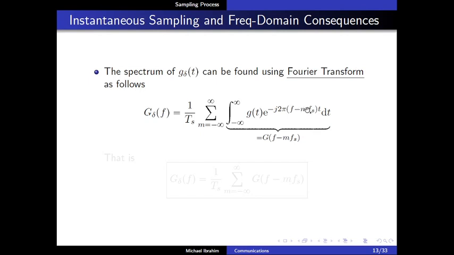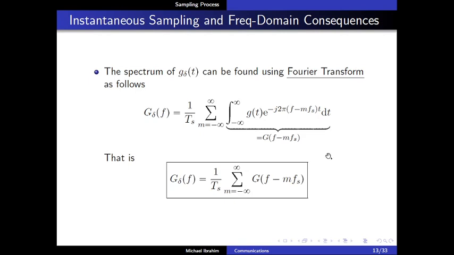If we ignore this term for a second, this integration will give us capital G of f, the spectrum of g of t. But since f is being replaced with f minus m fs, instead of having G of f, we will have G of f minus m fs.